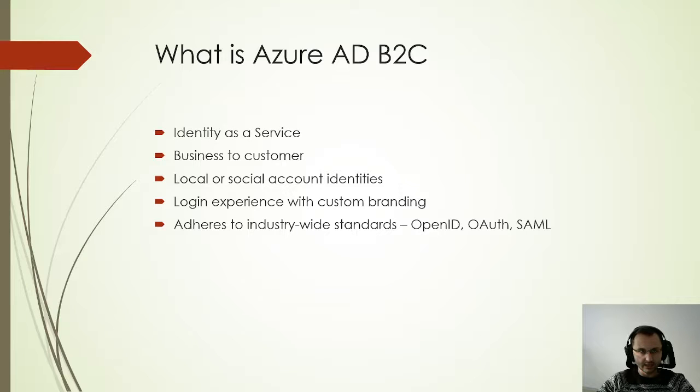This service is focused on a customer, which means that we can have as many as we want to have custom applications, web applications or web APIs, and they can securely communicate to each other. Why are they focusing on this?